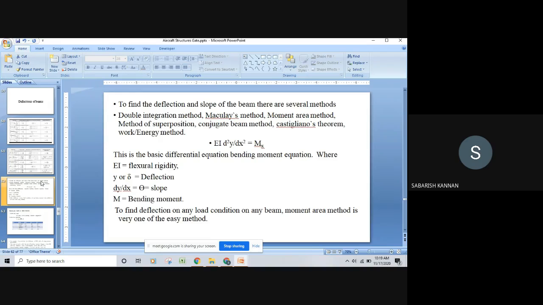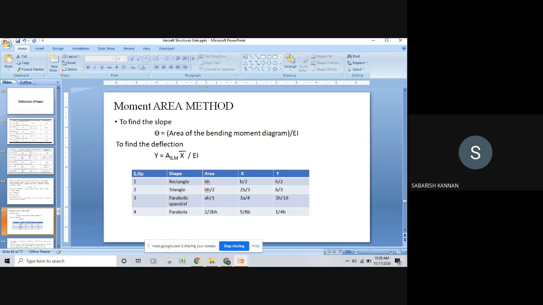To find the deflection for any load condition on any beam, the moment area method is a very easy method to find deflections and slopes. The moment area method and the virtual work method are very easy ways to find the deflection.